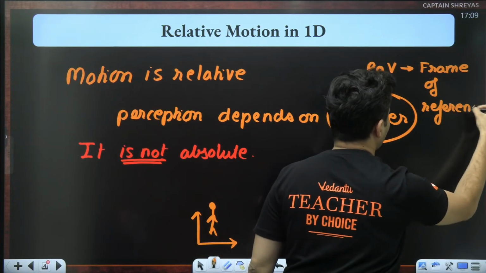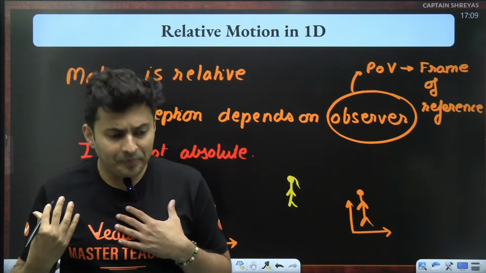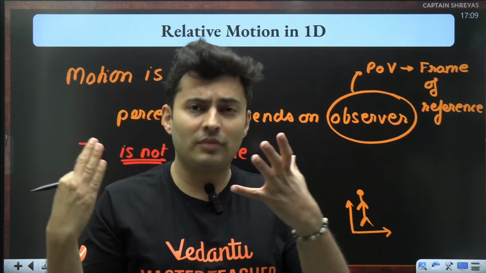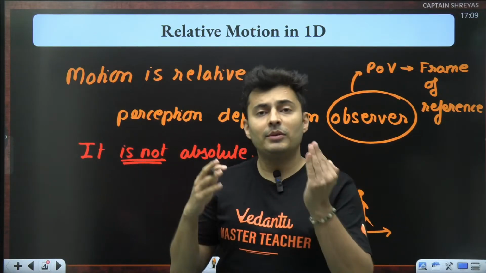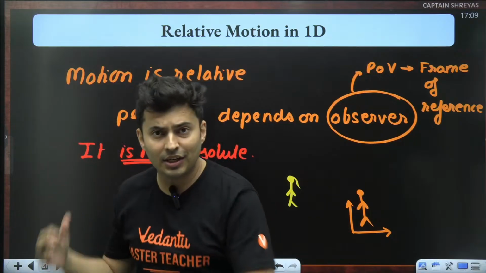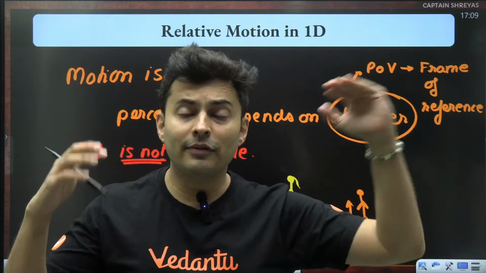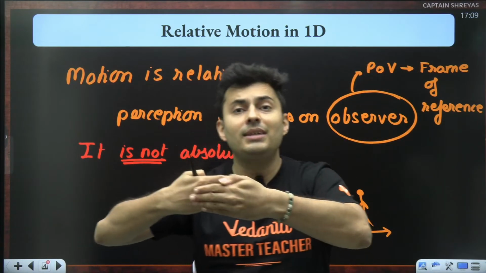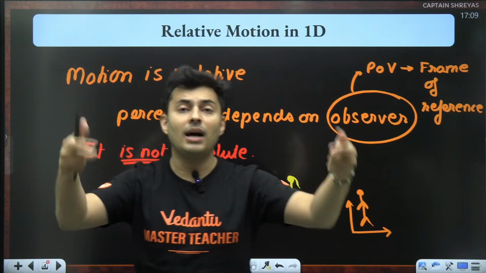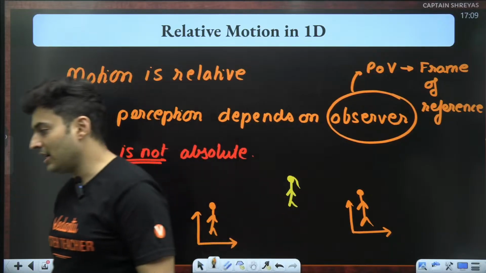So from the frame of reference of a train, the passengers inside are at rest. From the frame of reference of the railway station, the passengers in the train are in motion. From the frame of reference of a train coming in the opposite direction, the passengers in the other train are moving really fast because they are going in the opposite direction.